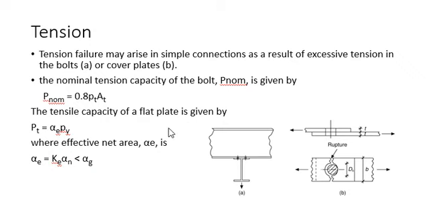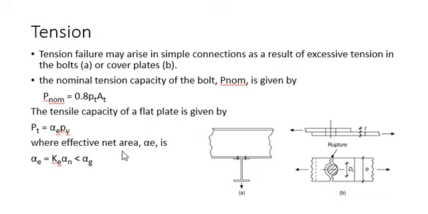With respect to the plate, the tensile capacity is given as this expression, where AE is the effective net area of the plate. The effective net area basically is the effective area of the plate after taking the holes. We understand that after drilling holes in a plate, its ability to resist tensile forces would be less.